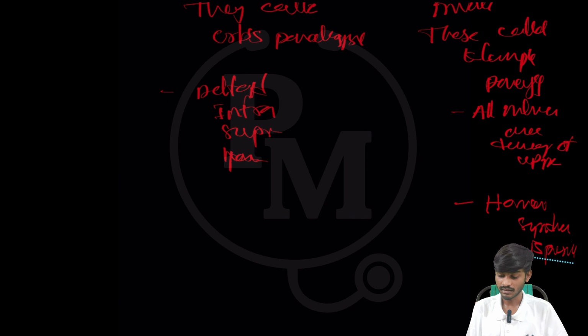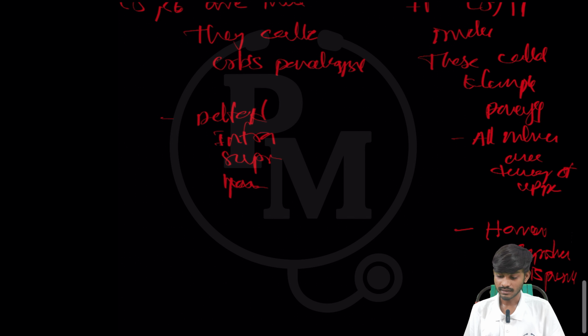And in Klumpke's paralysis, there is increase in the angle between trunk and shoulder. During delivery, whenever the doctor plucks the baby by the hand, that leads to Klumpke's paralysis, the lower brachial plexus paralysis.